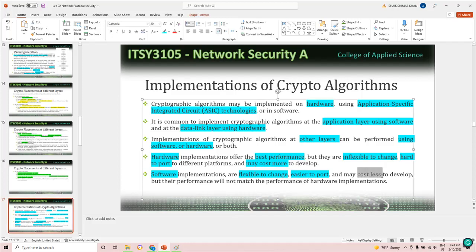So these are the two differences, students, between hardware and software cryptographic implementation. You can see a possible short answer question: what is the difference between the implementation of cryptographic algorithms at different layers, and what are the pros and cons? Benefits and disadvantages.